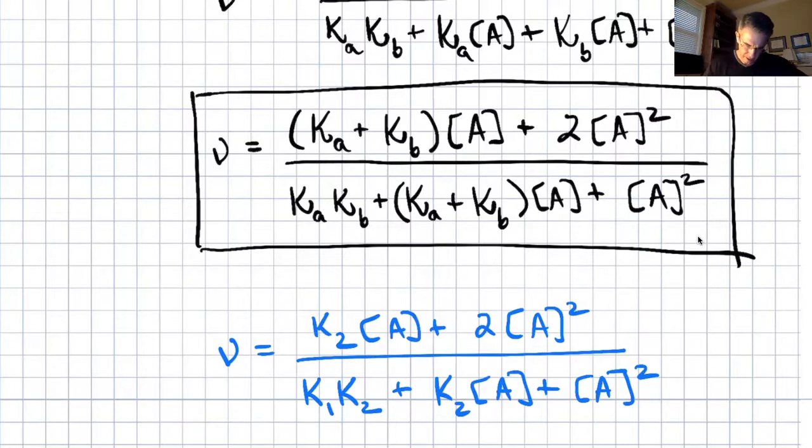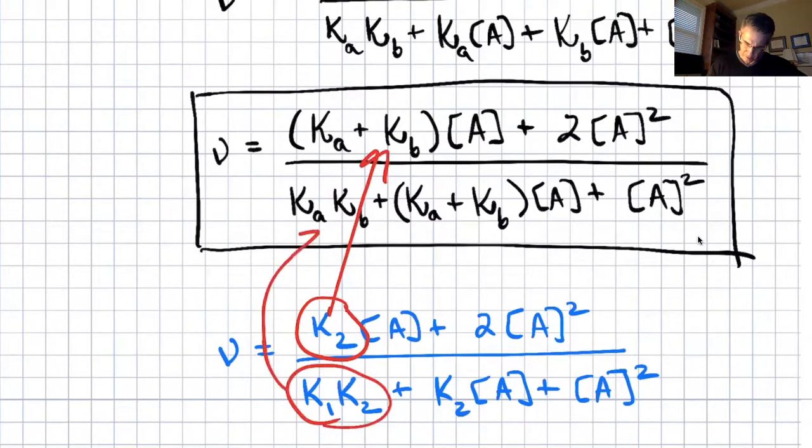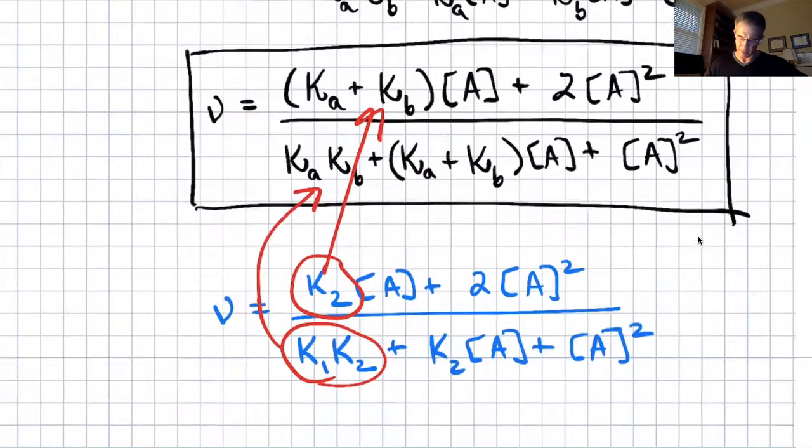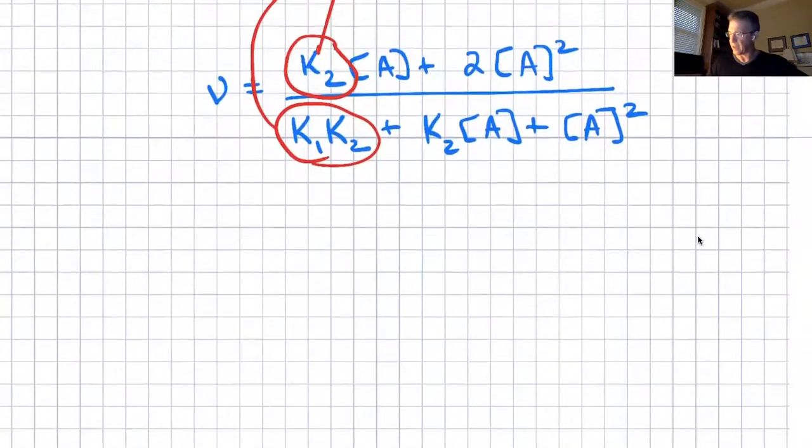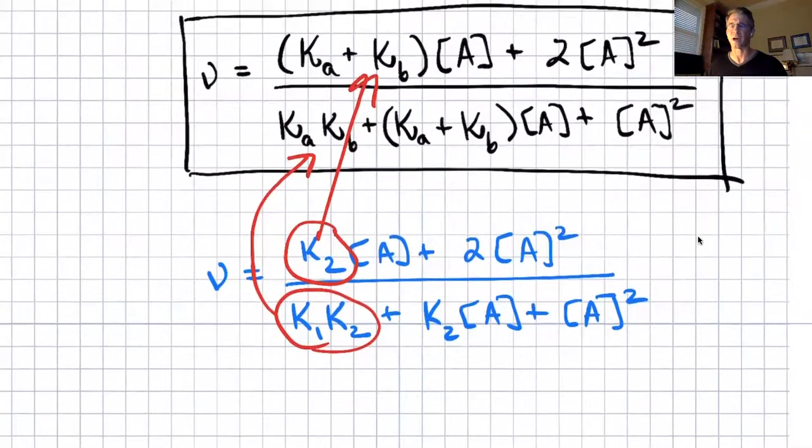What the similarity of those forms means is that we can define those macroscopic binding constants in terms of these microscopic affinities.